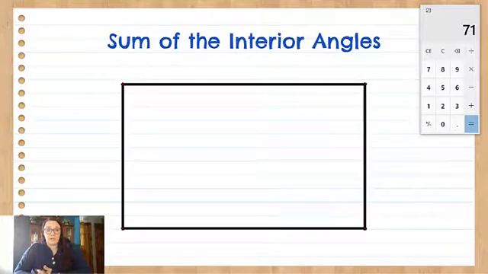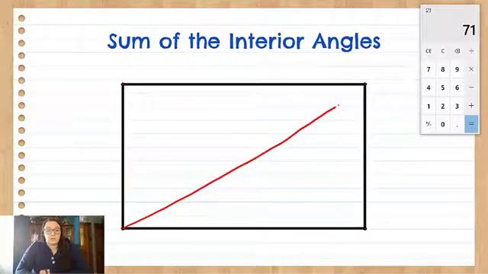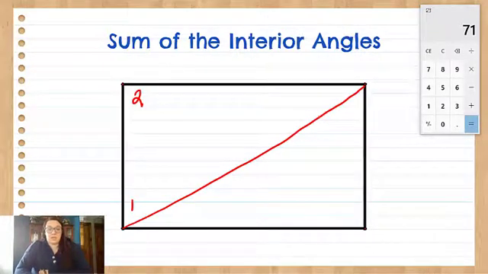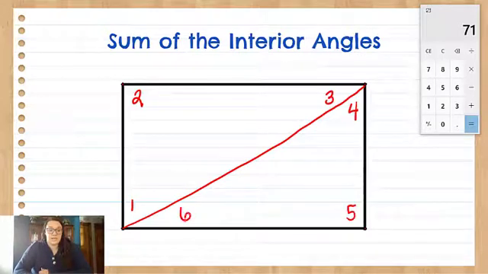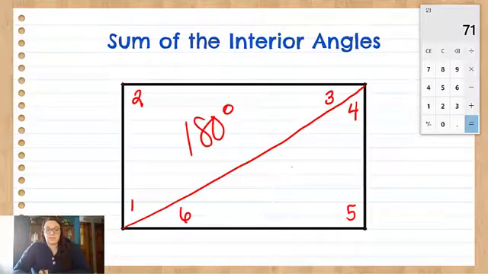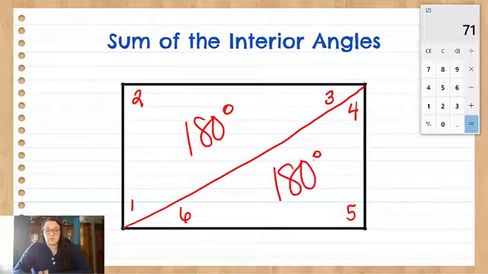This time I don't have a triangle, but instead I have a rectangle, and I still want to find the sum of the interior angles. It's not going to be 180 like a triangle, but this rectangle I could actually break up into 2 triangles. If I label all these angles with numbers 1 through 6, angles 1, 2, and 3 would add up to 180 degrees, and angles 4, 5, and 6 would also add up to 180 degrees because that's the Triangle Sum Theorem.